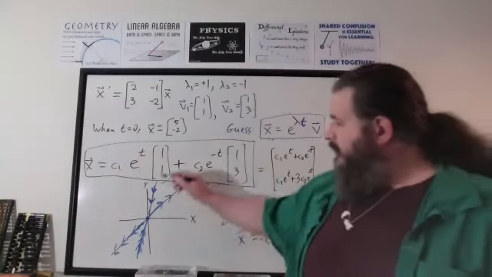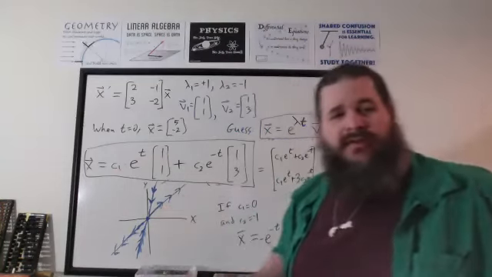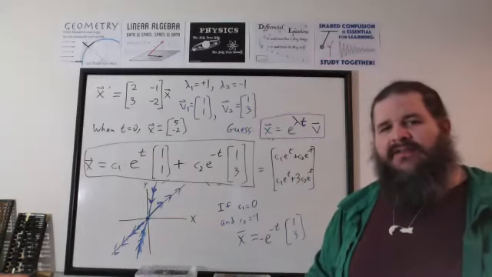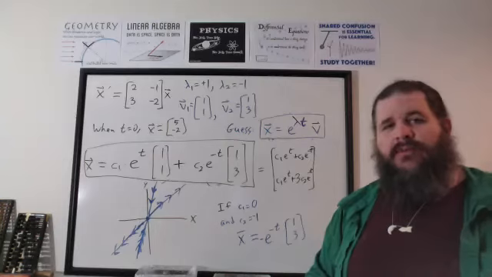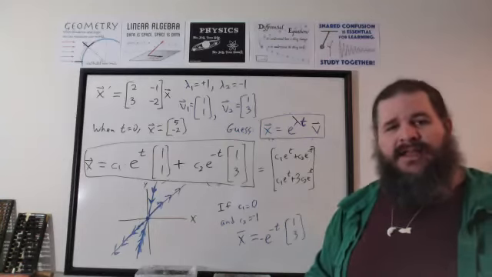So we're going to get exponential decay towards the origin along one line, exponential growth away from the origin along the other line. What kind of equilibrium does that kind of act like? If we've got some solutions that approach equilibrium and others that diverge away from it, what were we calling that back at the beginning of the quarter?